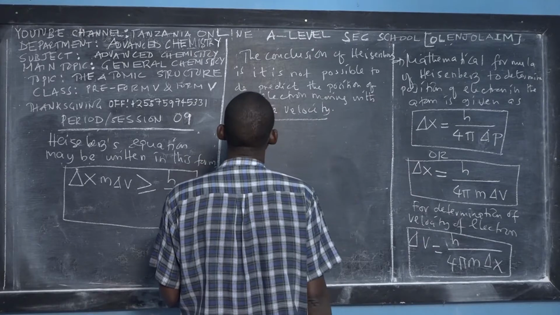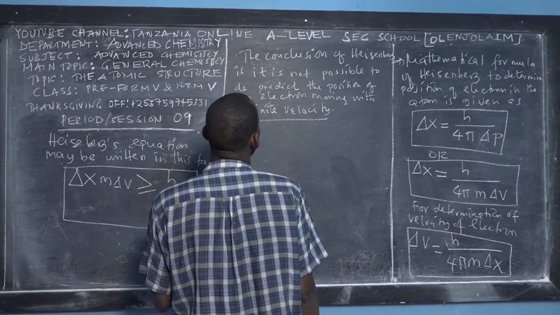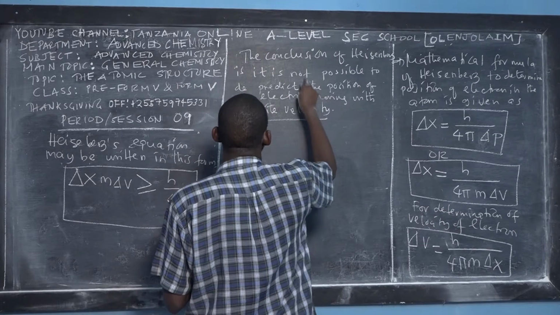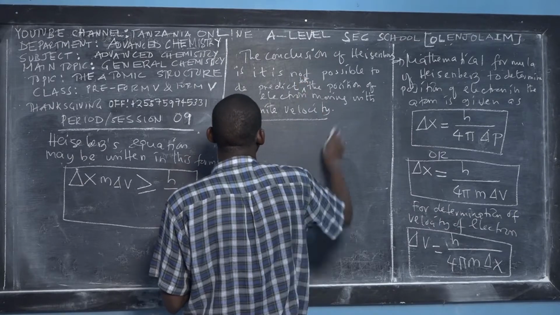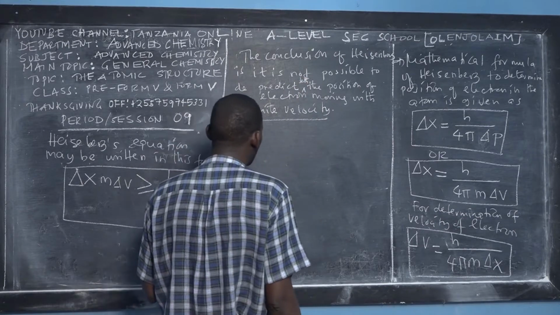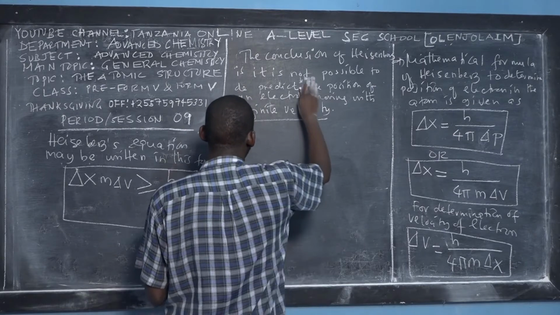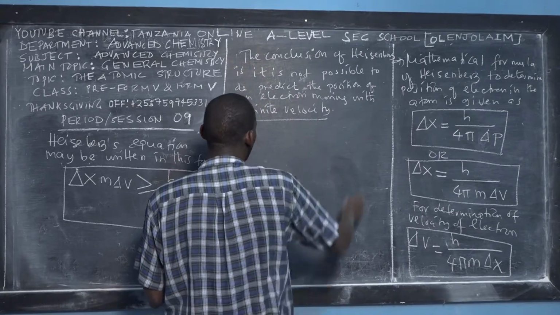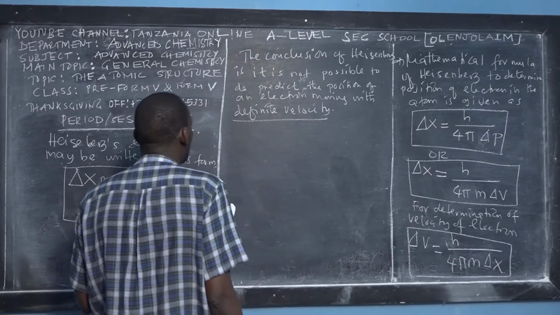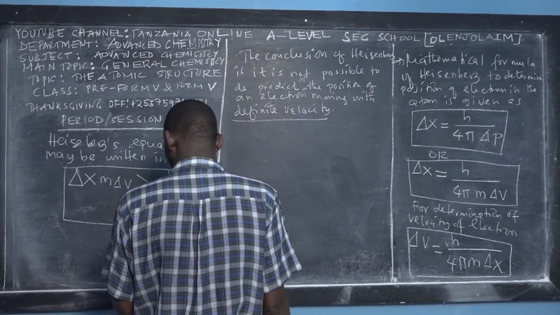So it's not possible to predict both the position and velocity of an electron moving with a definite velocity.